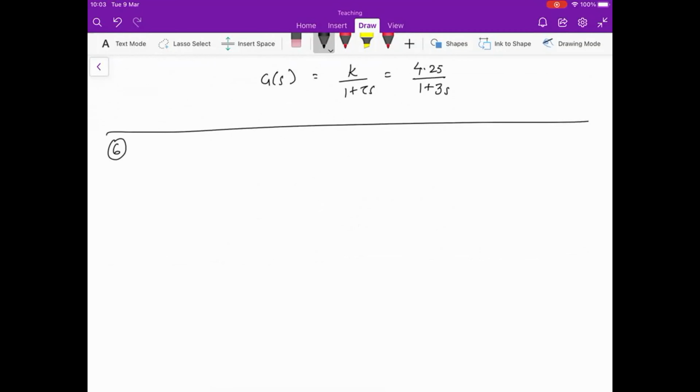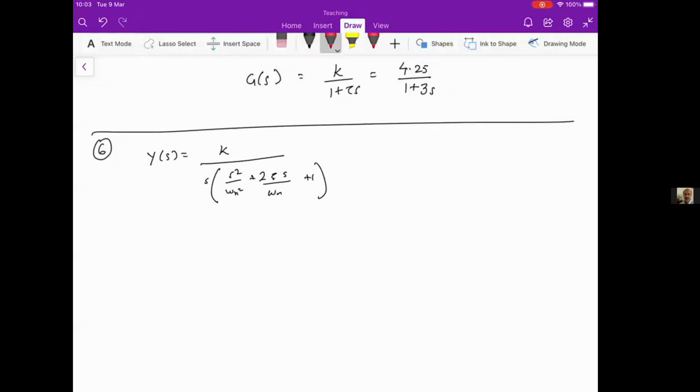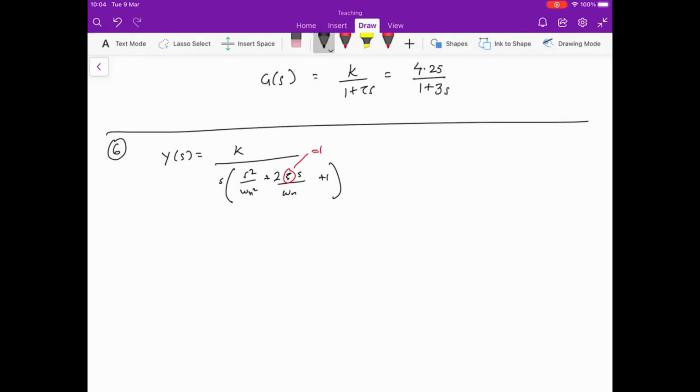Here we have a second order system, and we want to compute what y(t) is. The generic second order system is given by Y(s) equals k over s squared over omega n squared plus 2 zeta s over omega n plus 1. When it's critically damped, we know that zeta is equal to 1. That's the definition of critically damped.